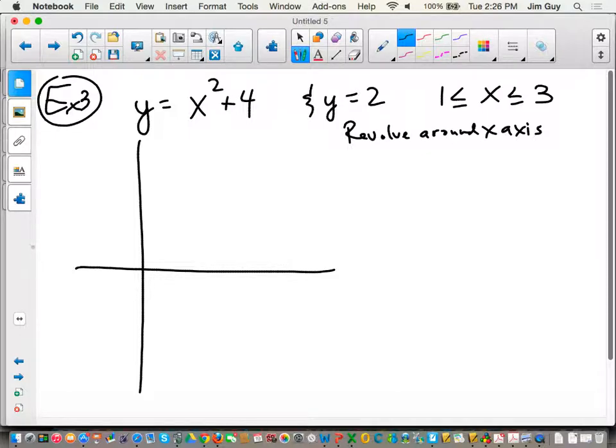X squared plus 4. 1, 2, 3, 4. X squared. Voila. Y is 2. Here's 2. 1, 2, 3, 4. You're going to start at 1 and go to 3. So the area enclosed by all 4 of those is that piece right there.